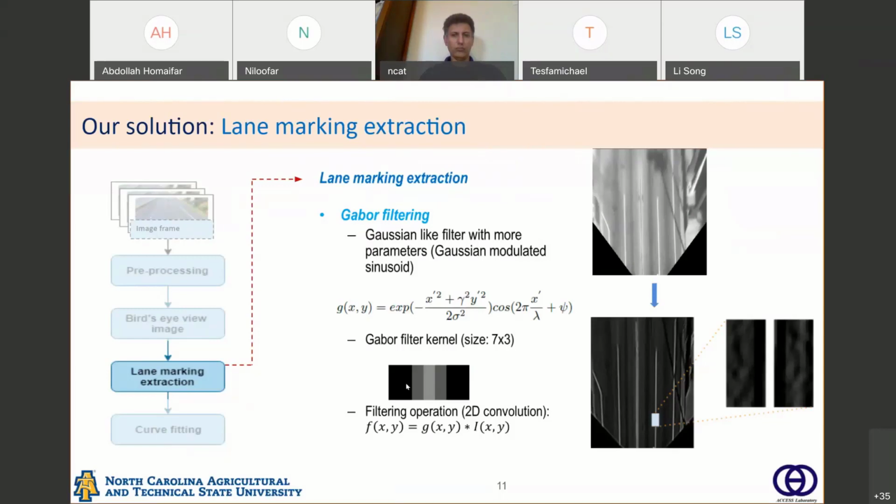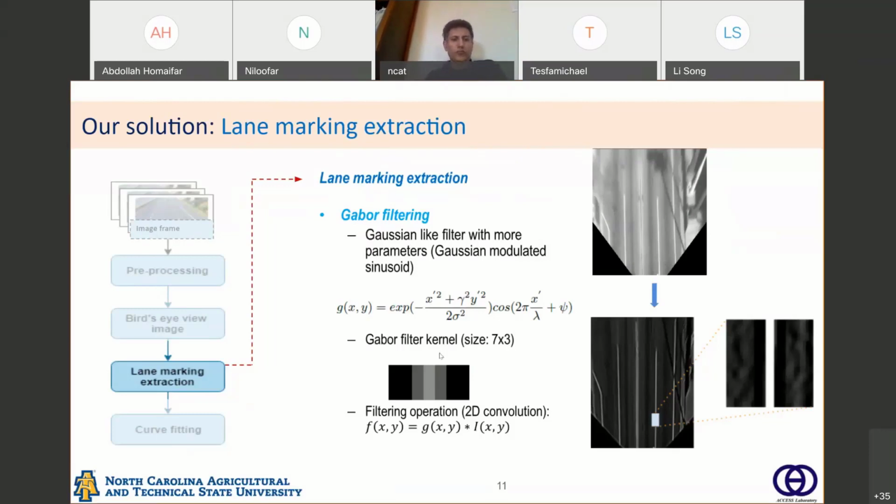And as you can see, at the center of the image, we have a bright stripe or bright pixels. And when you go away from the center, the brightness or the intensity of the kernel reduces. So this filter size is selected based on the thickness of these lane markings, so that we can get a better enhancement.